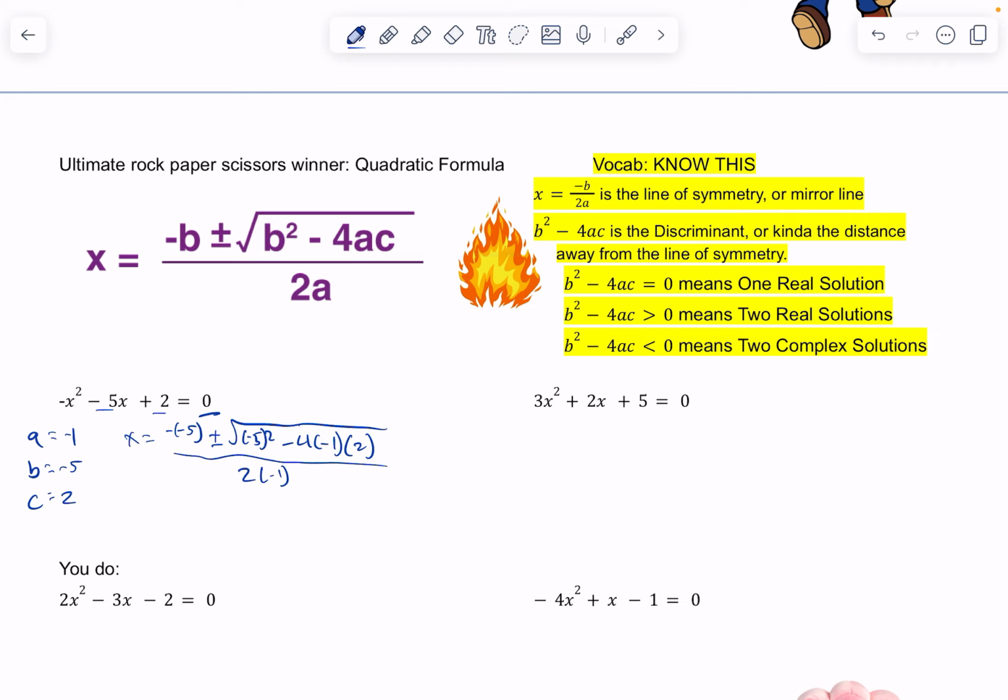All right, let's break down some of the things that I can do. -5 is just 5, so plus or minus the square root of 25 minus 4 times -1 times 2 is 8, over -2.